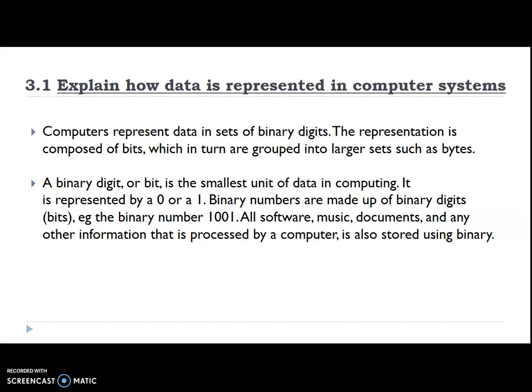A binary digit or bit is the smallest unit of data in computing. It is represented by a 0 or a 1. Binary numbers are made of binary digits. Example, the binary number 1001. All software, music, documents, and any other information that is processed by a computer is also stored using binary.